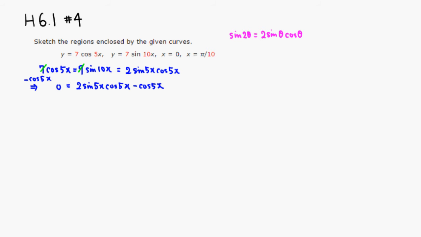Then since we have cosine of 5x in common, we can pull this out. So we get cosine of 5x pulled out, and what's left is 2 sine of 5x and a 1 here.